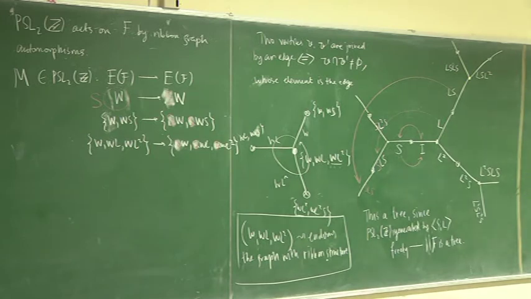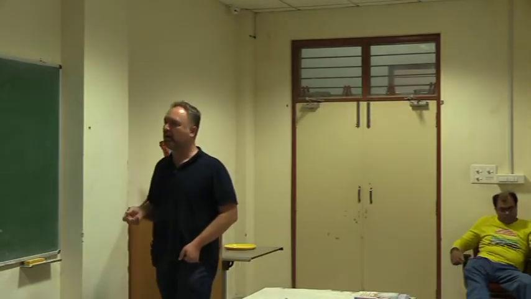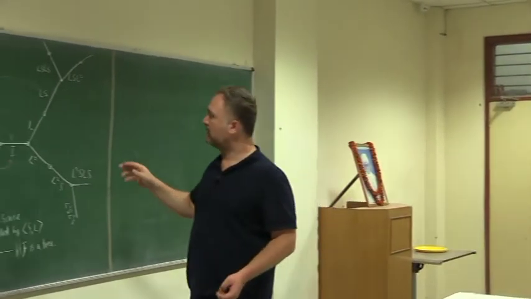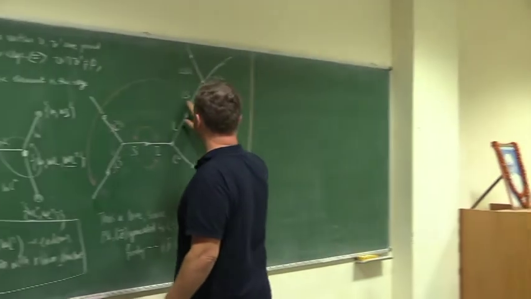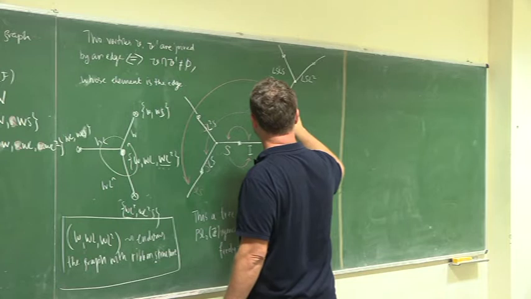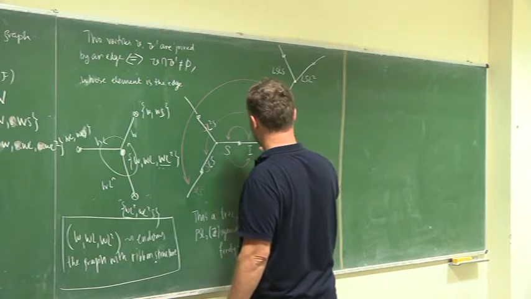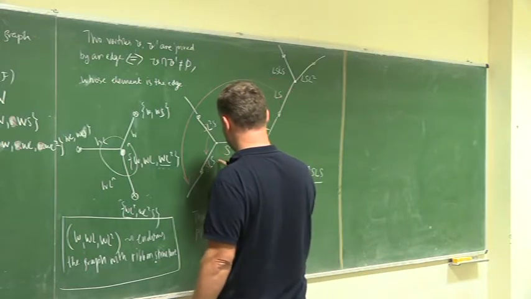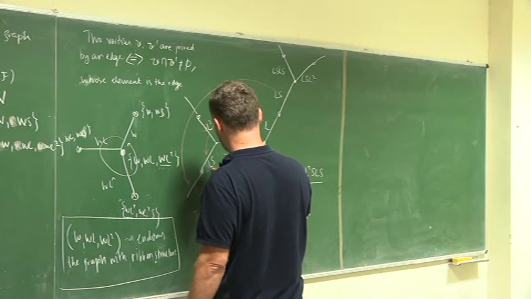Let me think a little. Yeah, what I did wrong is that I wrote these letters at the end, whereas I should have written them at the front. So this should have been L, and this should have been SL. Okay.